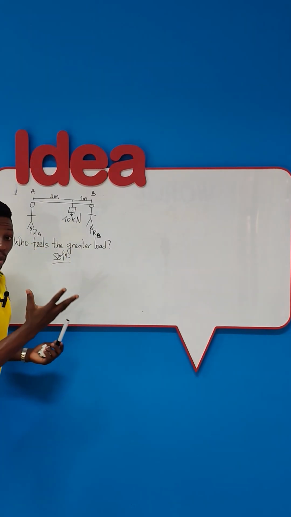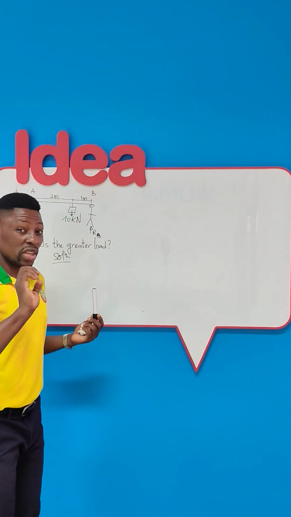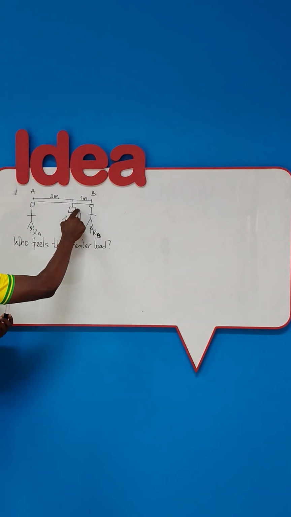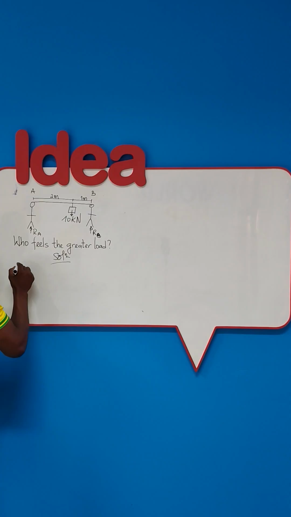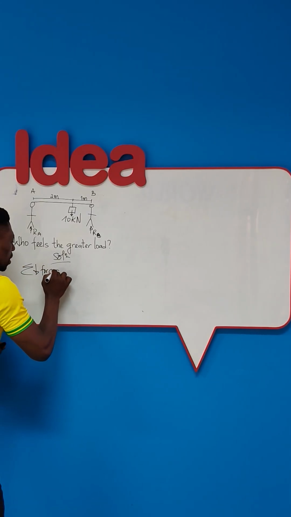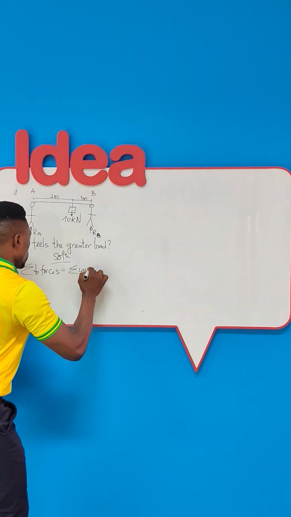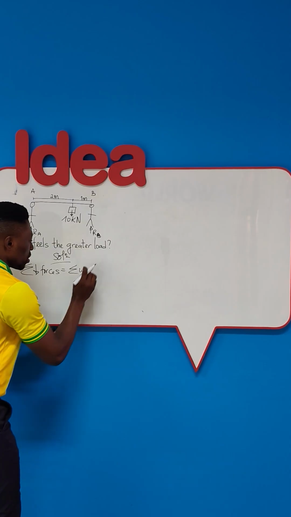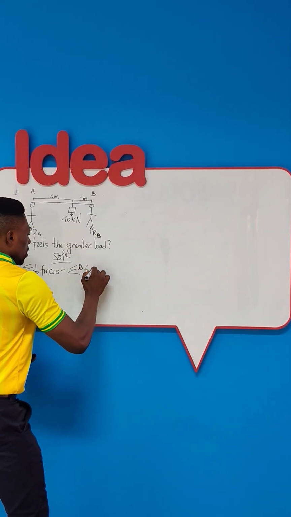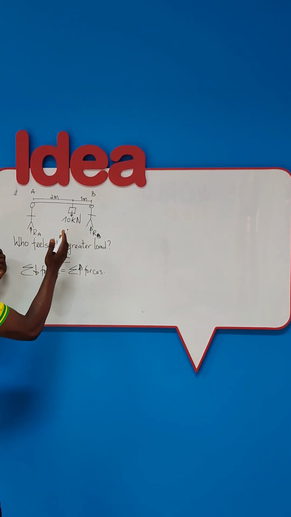Now, to solve this problem, we're going to use the principle of moments, which has two implications. The first implication is that if an object like this one is in equilibrium, then the sum of all downward forces must equal the sum of all upward forces. Let's identify all the forces in our diagram.